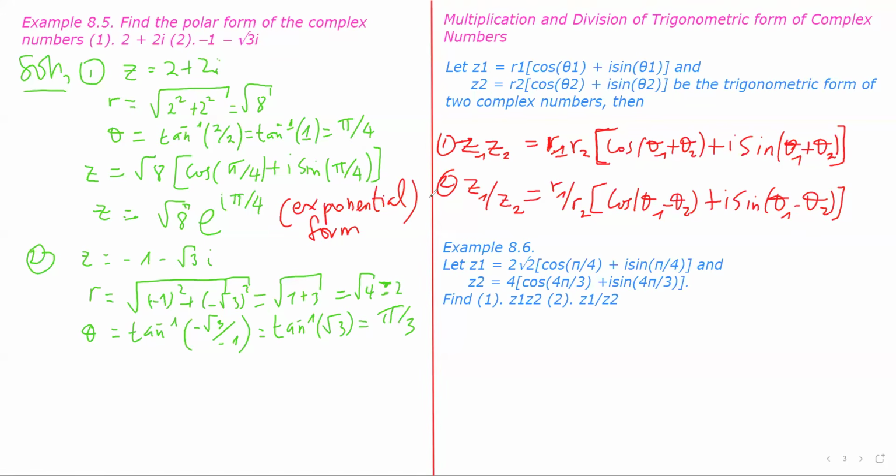But we'll realize that if you take z to be -1 minus square root of 3 i, this will be here, in the fourth quadrant. Let's call this quadrant 1, quadrant 2, quadrant 3, and this is quadrant 4.